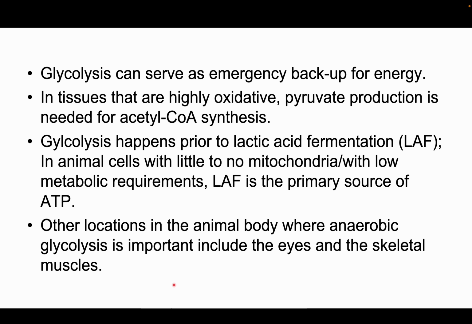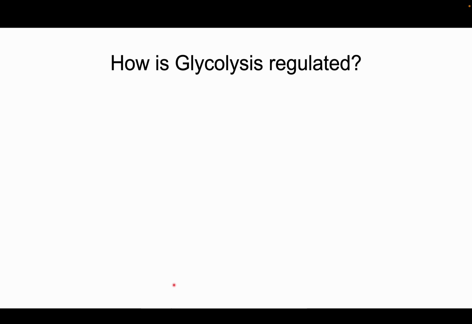In animal cells with little to no mitochondria, or those that do not have high metabolic requirements, non-oxidative cells, lactic acid fermentation is actually the primary source of ATP. In the animal body, specific locations where anaerobic glycolysis is important include the eyes and the skeletal muscles.